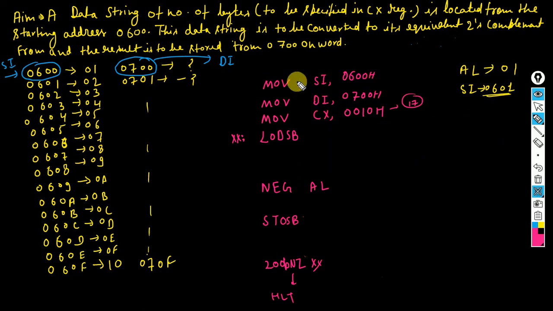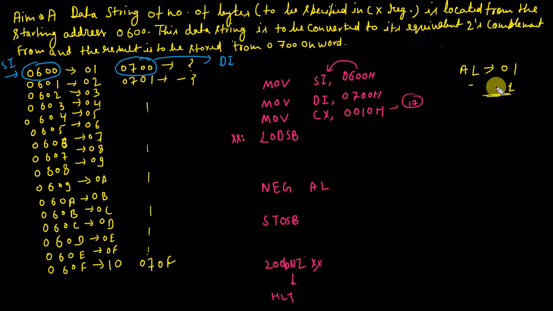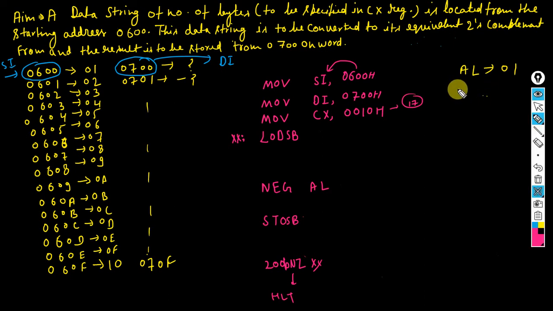Okay, start with the program. When we execute MOV SI, 0600H, means your SI indicates this memory location, 0600. After the execution of this step, MOV DI, 0700H, means your destination index register indicates this memory location.